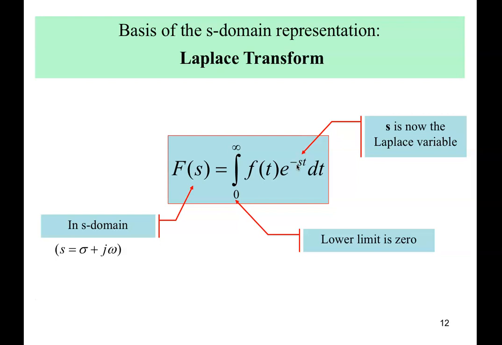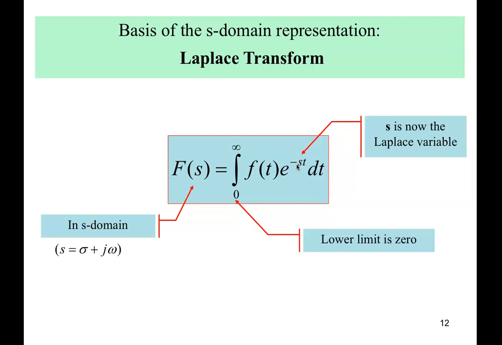Now that F(s) is another representation of f(t). It's not in the time domain, so it's not a time signal, but it is a frequency-domain signal. That's all. If you don't really get into the Laplace transform, this is all you need to know.